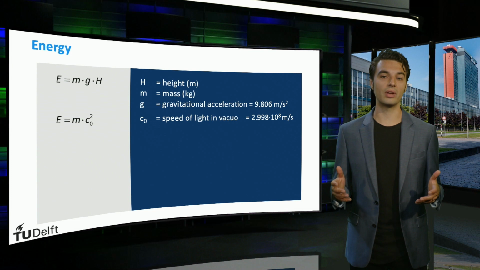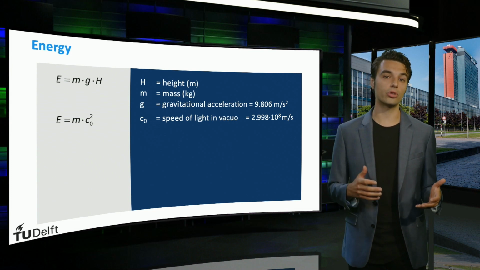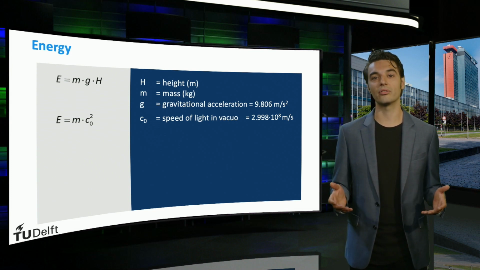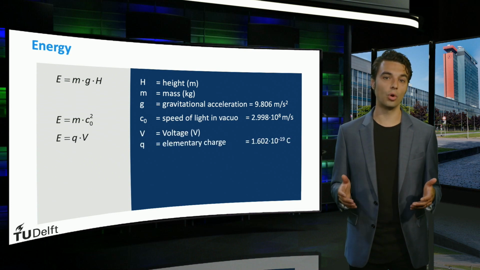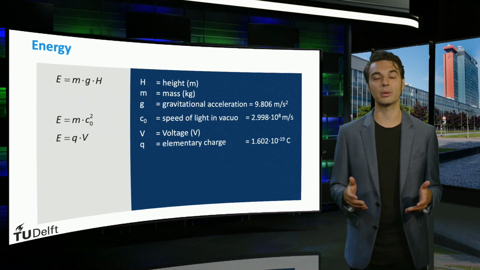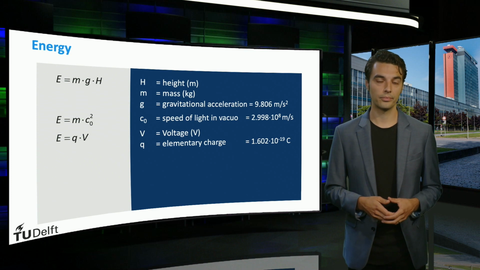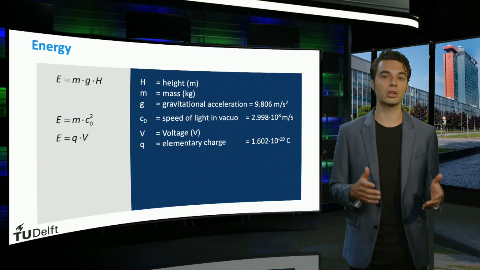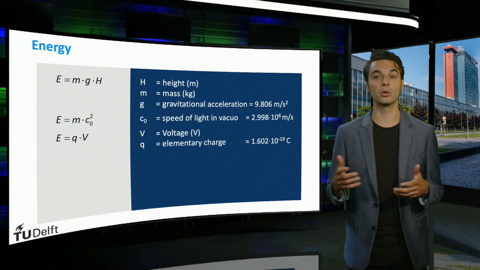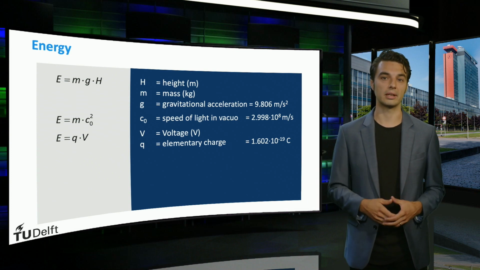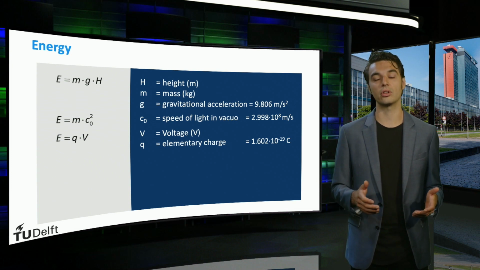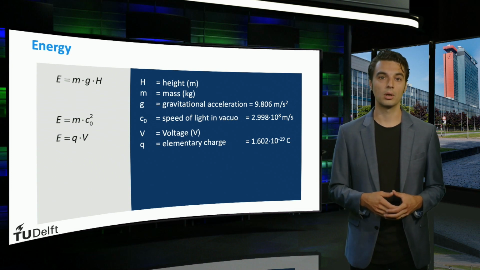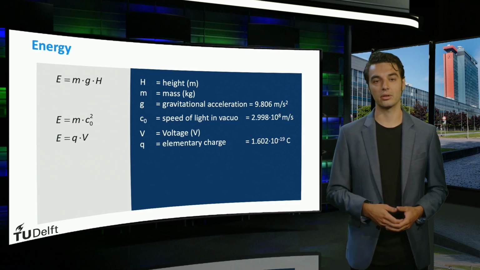According to Einstein's famous equation, energy and mass are also interchangeable through the speed of light in vacuo, denoted by c0. The energy contained in a voltage, which is a difference in electric potential, is related through the elementary charge denoted by q. The elementary charge is the charge of a single proton or electron, which have similar charge but are of opposite sign. The elementary charge is expressed in coulomb, after French physicist Charles Augustin de Coulomb, which is equal to an ampere times a second.